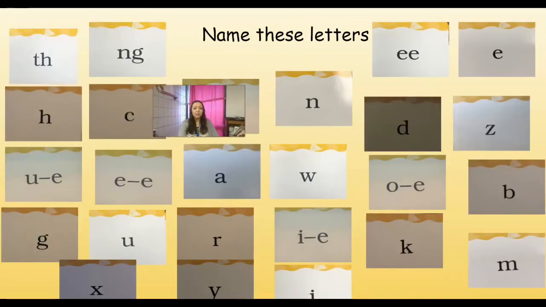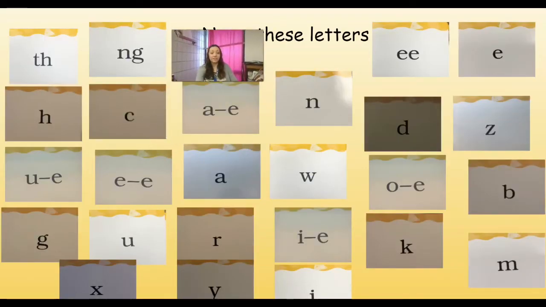All right, so we're going to quickly name our letters and digraphs. Are you ready? So what do we have first? Digraph TH, digraph NG, digraph EE, E, H, C, A consonant E. Remember that line means consonant.